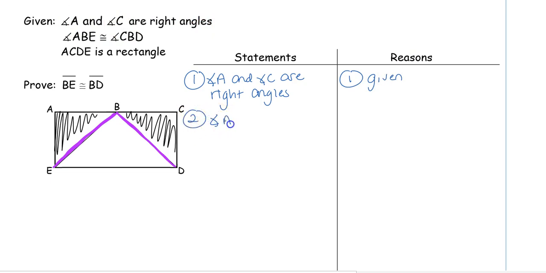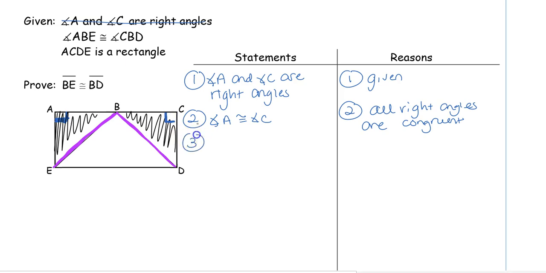So now I can say that angle A is congruent to angle C, because all right angles are 90 degrees, therefore all right angles are congruent. Now I've proven something congruent. I can mark that off. I make sure that I mark my diagram.